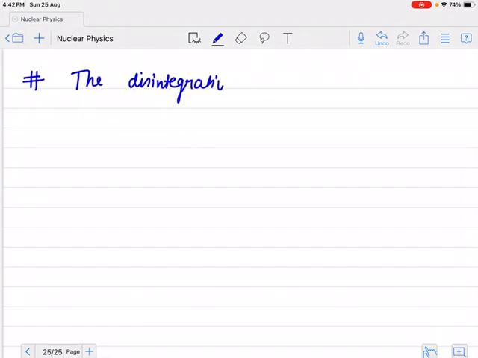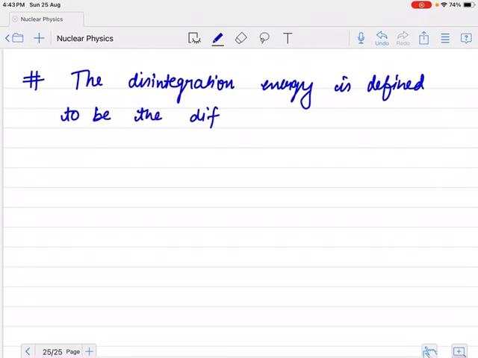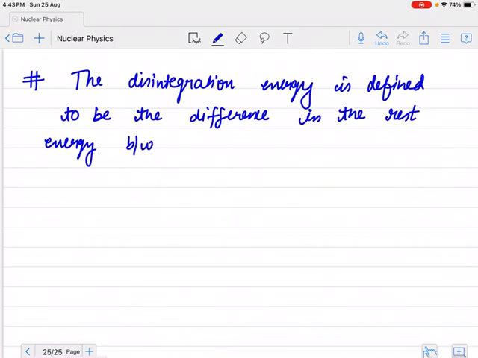The disintegration energy is defined to be the difference in the rest energy between the initial and final state.